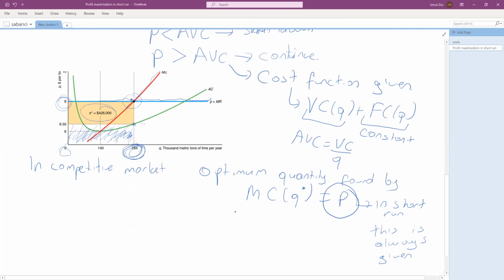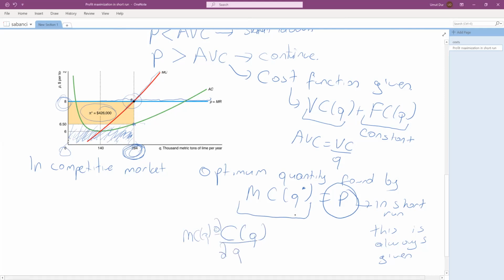Then the marginal cost is the following. You will always be given the cost function, and the marginal cost is the derivative of the cost function with respect to quantity.